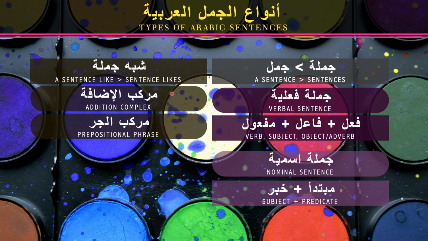And finally, for the semi-sentence or the sentence-like شبه الجملة, we have مركب الإضافة, مركب الجر, as some of the semi-sentences in Arabic. There are more than that, but those are just the two very common types.